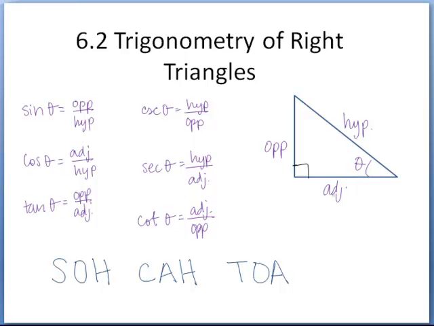Cosine of angle theta is adjacent over hypotenuse, CAH. And tangent is opposite over adjacent, TOA. And then of course cosecant, secant, and cotangent are the reciprocals of those. So we're going to use those trig ratios to actually solve some problems.